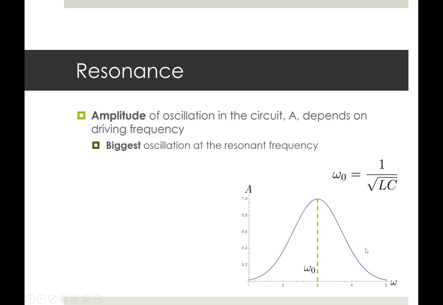And if you drive it too fast, it will start to shrink. If you drive it too slow, it will start to shrink. It will always oscillate at the frequency you tell it to. Just like if you grab onto the chains of the swing and force it to oscillate with your hands, it will oscillate at the frequency you tell it to. But you get the biggest and nicest result at the resonant frequency.